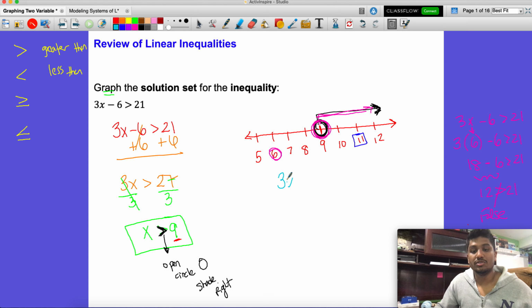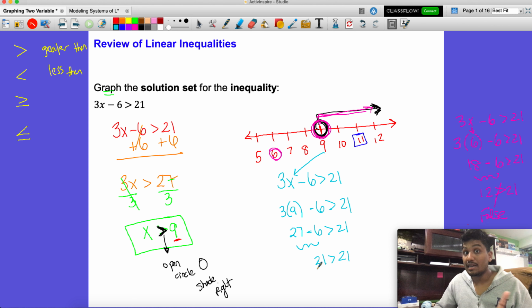The original was 3x minus 6 greater than 21. I'm plugging in the number I started with, so 3 times 9 minus 6 is greater than 21. This is 27 minus 6 greater than 21. This right here is 21 greater than 21.